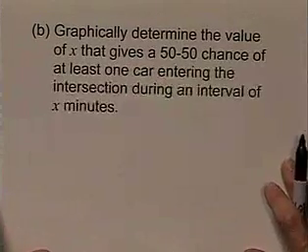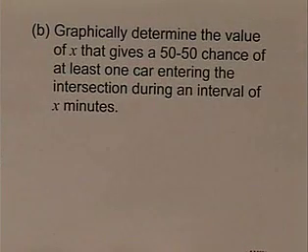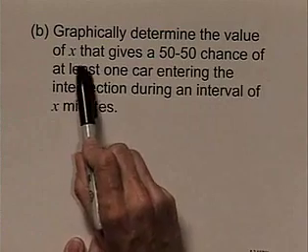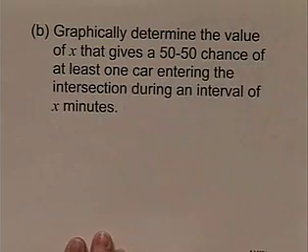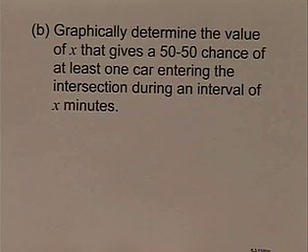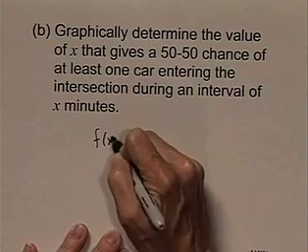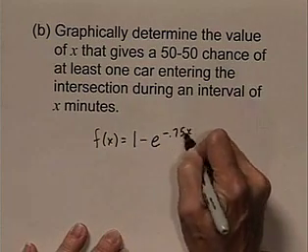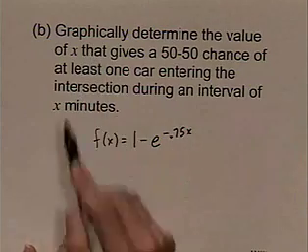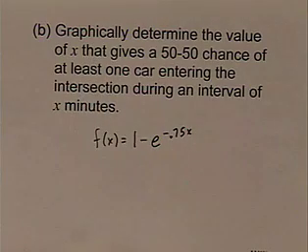Well, continuing with this model, let's try another question. We want to graphically determine the value of x that gives a 50-50 chance of at least one car entering the intersection during an interval of x minutes. Well, we better remember what our model is: 1 minus e to the negative 0.75x. And we want to answer the question graphically. That's our direction. So we're going to go to a graphing calculator and graph this function.